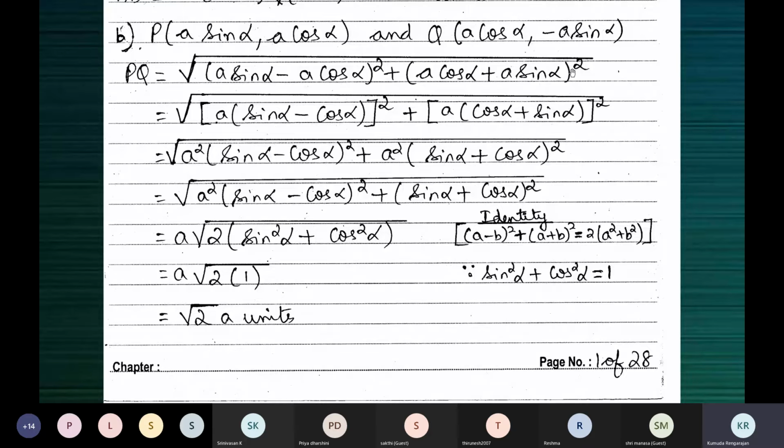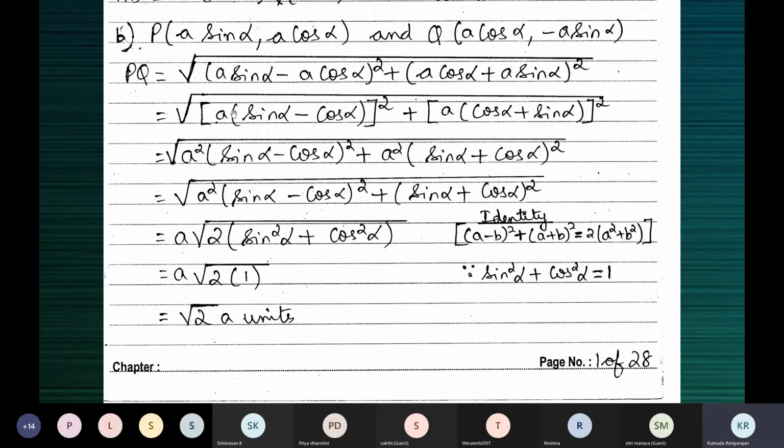Plus, same thing here, a common. Open a square bracket, leave some place, close the square bracket and raise it to the power 2. Then in this expression, a is common. So take out a, open a simple bracket, cos alpha plus sin alpha, close the bracket. This whole thing is squared.